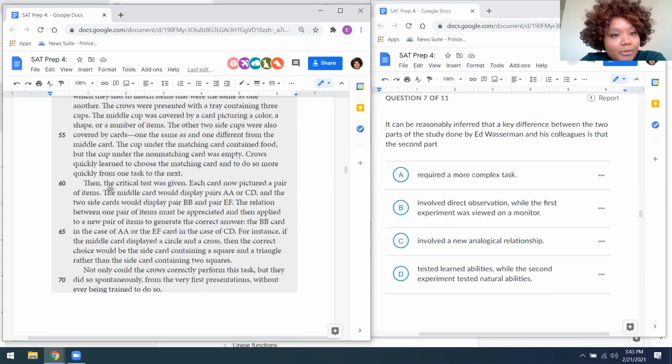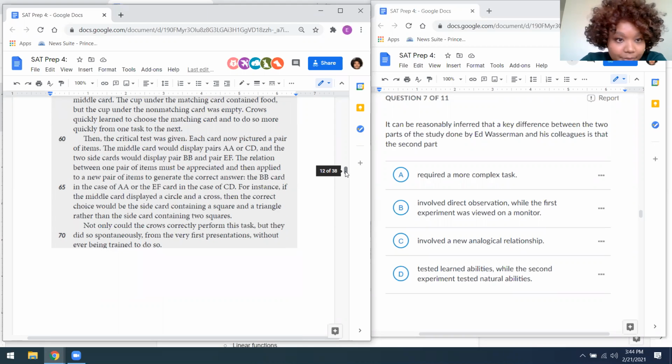Each card now pictured a pair of items. And it goes on to describe the new experiment, or part two. So, line 60.